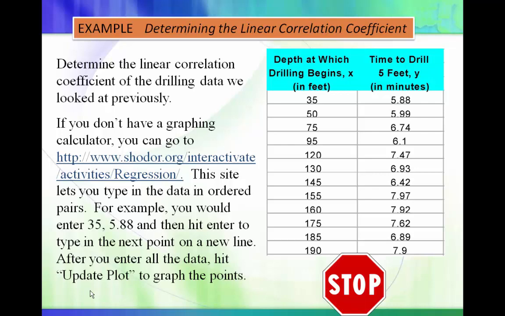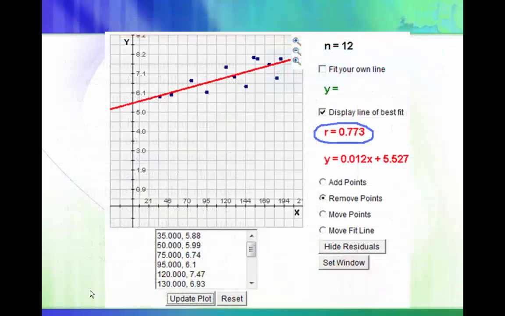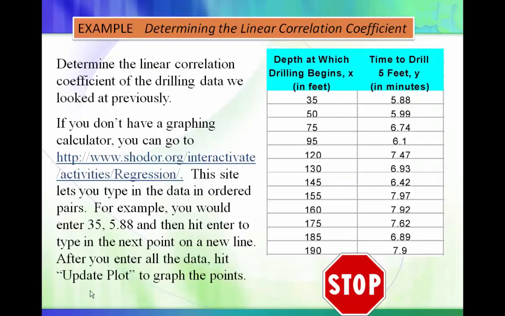Stop the video while you find your own R value. The R value for this data is 0.773, which shows there is a moderately strong relationship between the depth at which drilling begins and the time it takes to drill 5 feet.